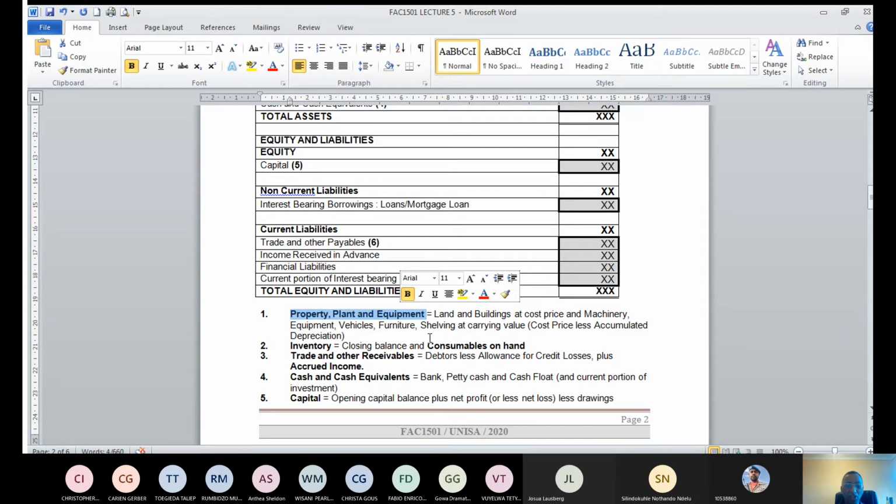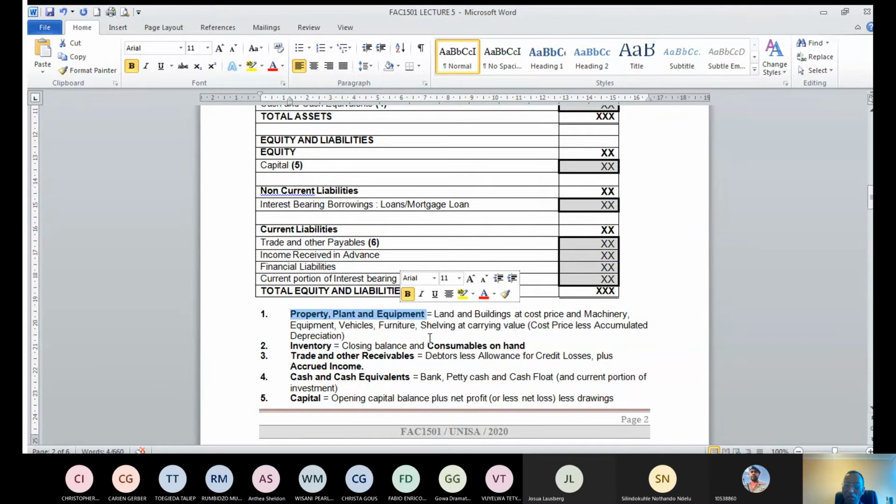It may be machinery, equipment, vehicles, furniture, shelving, and all of those things you will show at the carrying value. Carrying value is equal to the cost minus accumulated depreciation.